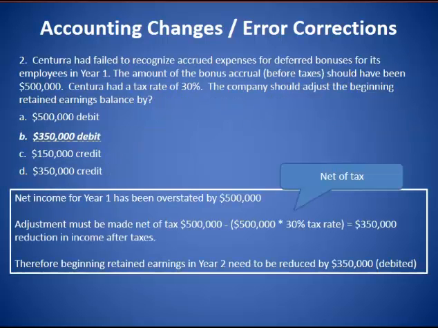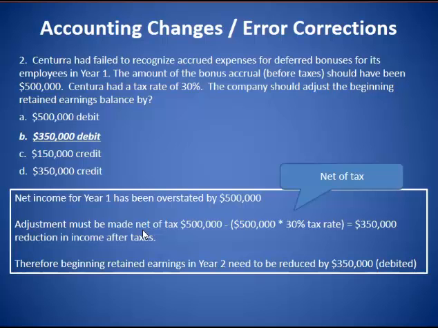Okay, number 2, the company should adjust the beginning retained earnings balance by, in this case, $350,000 debit, and it's based upon these facts. The net income for year 1 had been overstated by $500,000. Adjustment must be made, and again, we know this is net of tax.